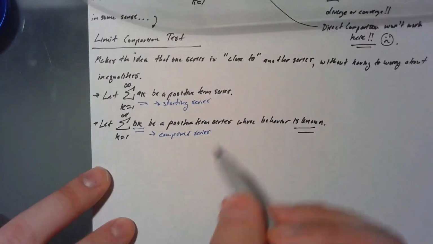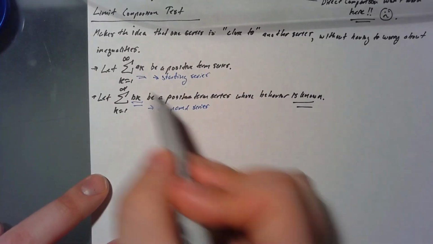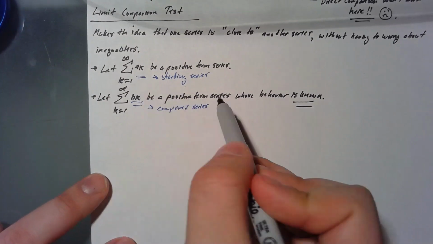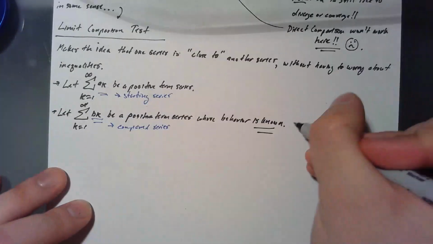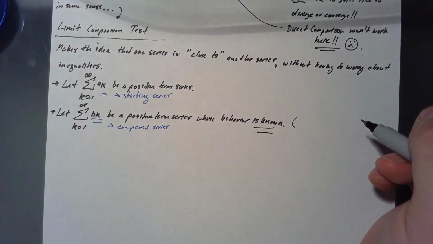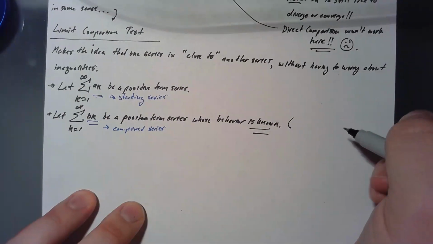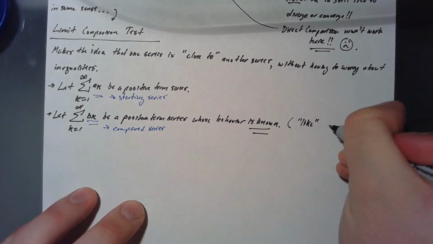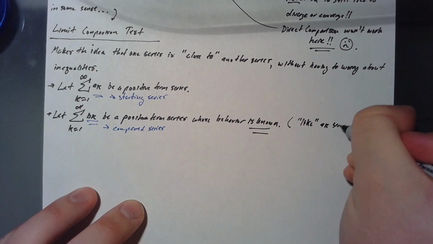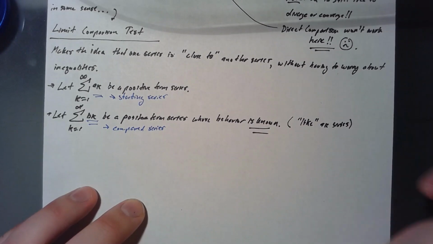Then here's the conclusion. So here's what I could do. I have my given series and some series that's like this one, the b of k series.